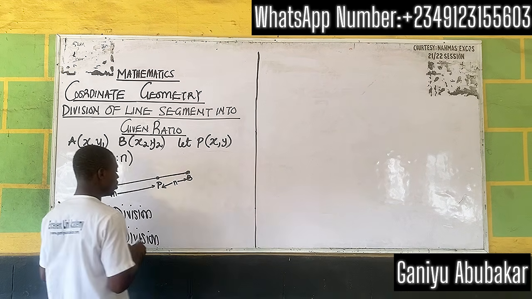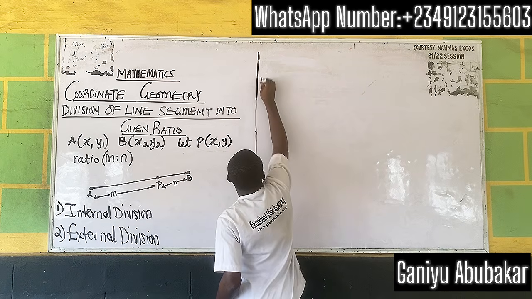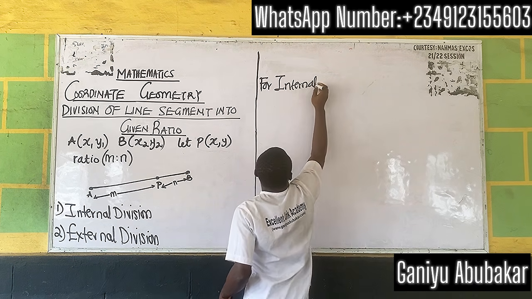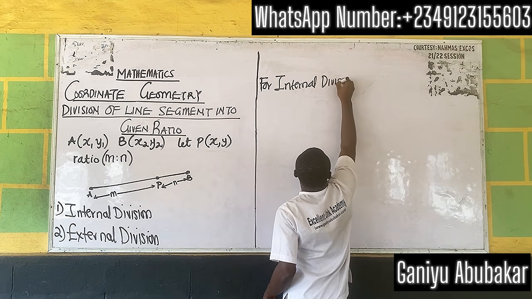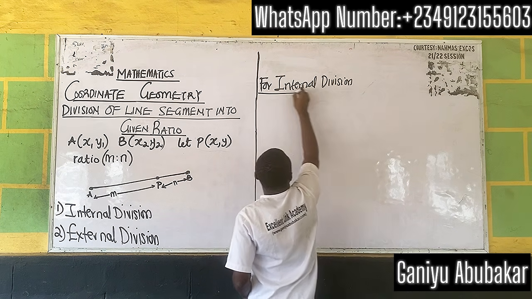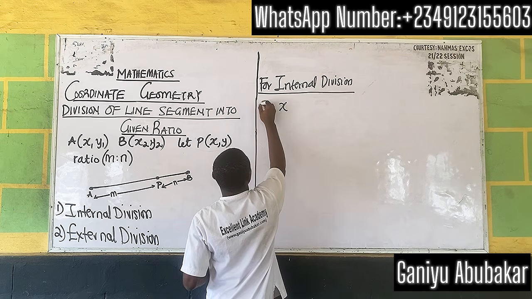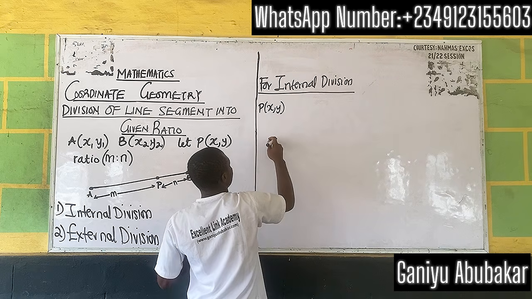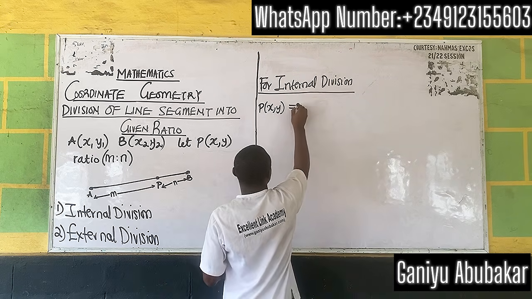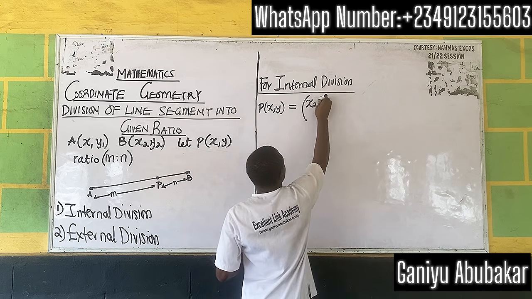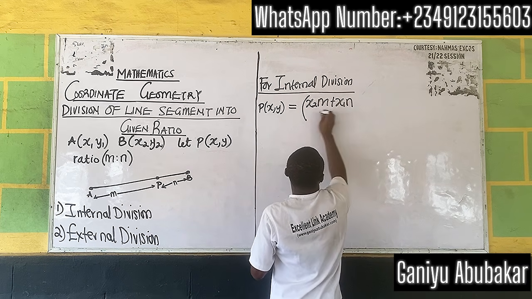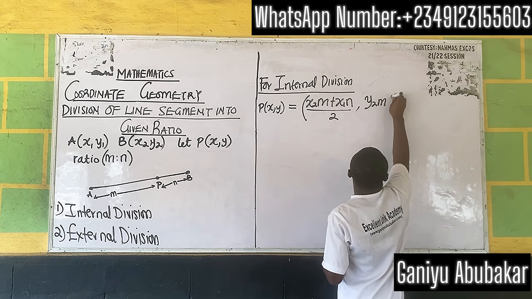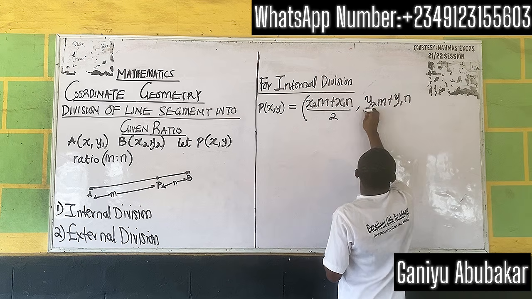For internal division, the formula is given by P(x, y), which is the point at which the division takes place, equal to ((x2m + x1n)/(m+n), (y2m + y1n)/(m+n)).